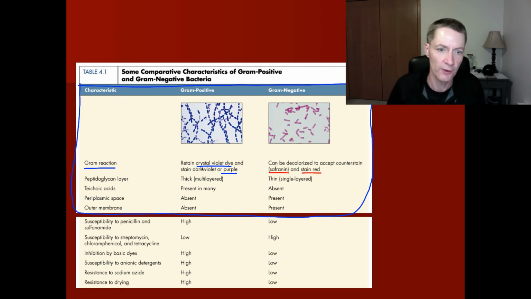So purple and P and P, right? Purple are positive, and the negative ones are going to be red. Also, you want to know about the teichoic acids, whether there's a periplasmic space, outer membrane, all these things that we already just went through.